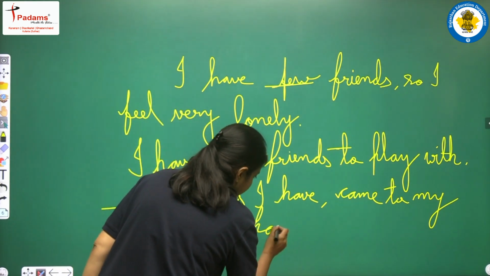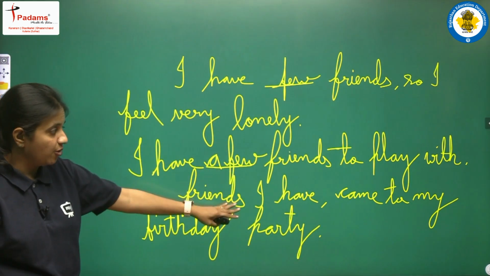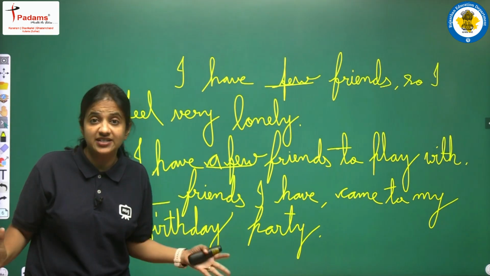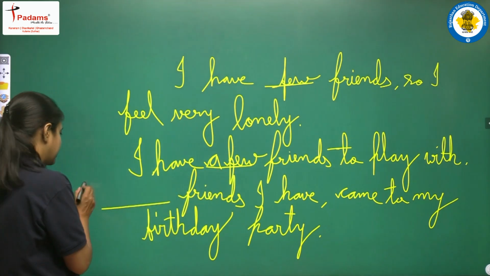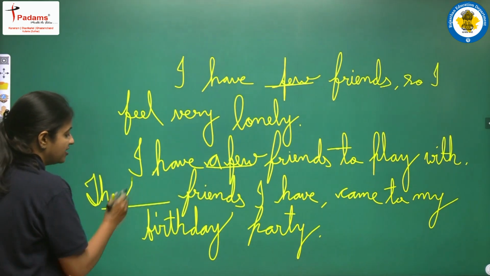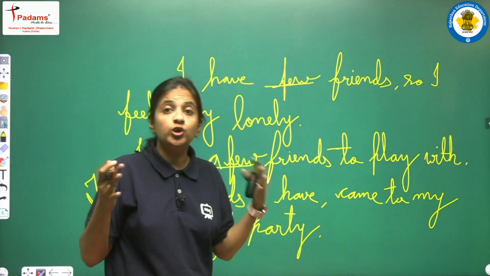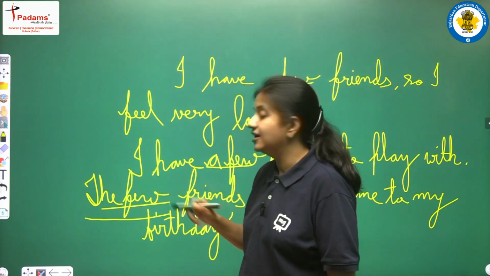Full stop. So here we are saying that friends I have came to my birthday party. It means मेरे जितने भी friends हैं, right? तो सारे के सारे friends they came to my birthday party, and this is the reason here we are trying to show the totality. Here we are trying to show the total number of the friends, and this is the reason now our answer will be the few.